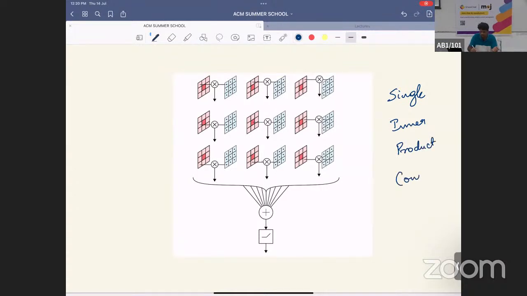A single inner product will give one output, so you need to construct the entire output by doing it repeatedly, shifting it to different locations of the input image. But the fundamental idea is that this weight is not going to change from one location of the image to another.